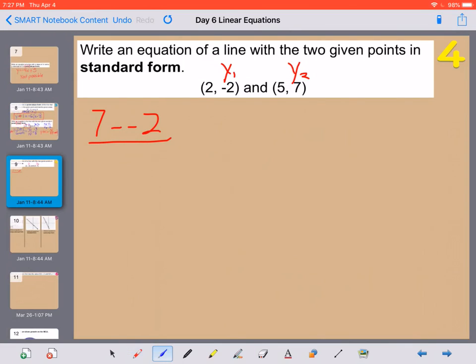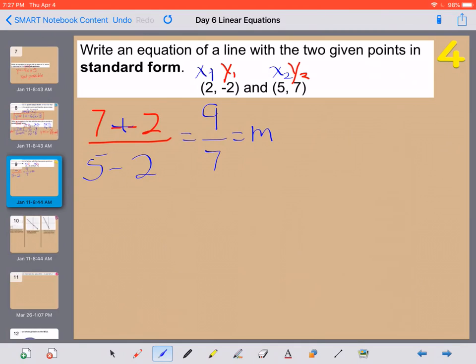Then we're going to have x2, which is 5, minus x1, which is 2. So 7 plus 2 equals 9. 5 minus 2 equals 7. Now we have our slope.